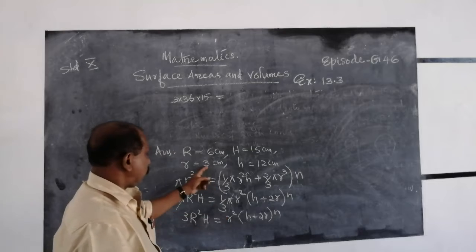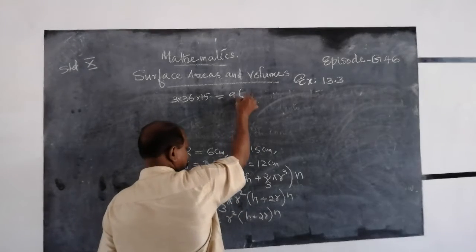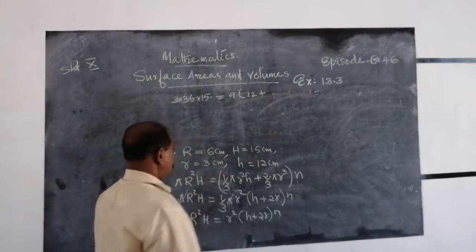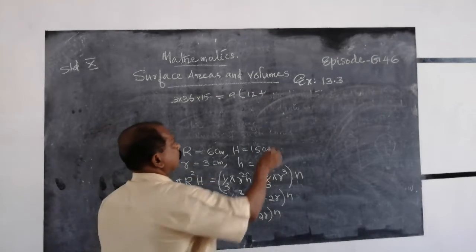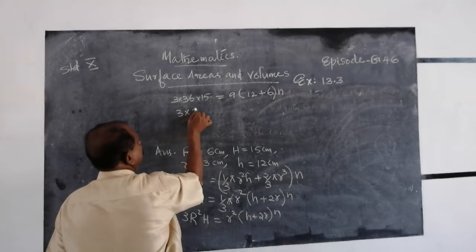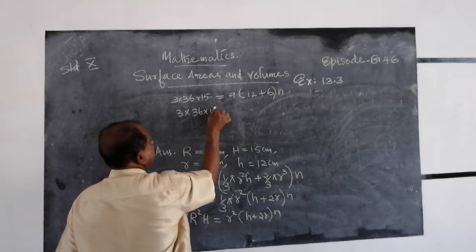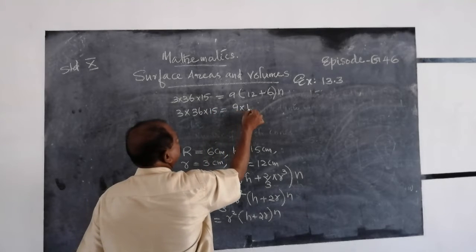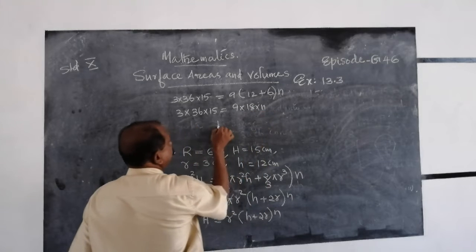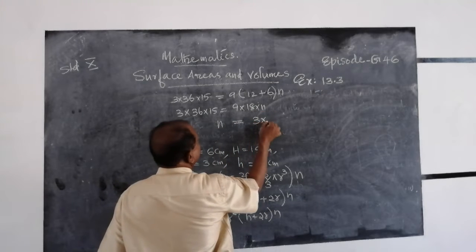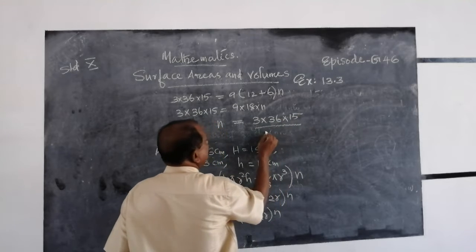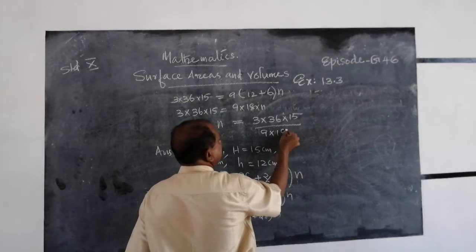What is small r? 3. 3 square is 9, into, what is h? 12, plus 2 small r, that is 6, into N. Therefore, 3 into 36 into 15 is equal to 9 into 18. 12 plus 6 is 18, into N. Therefore, N is equal to 3 into 36 into 15 divided by 9 into 18.